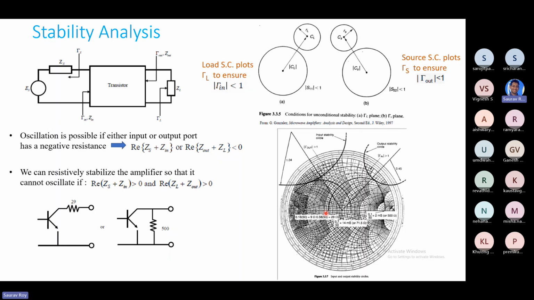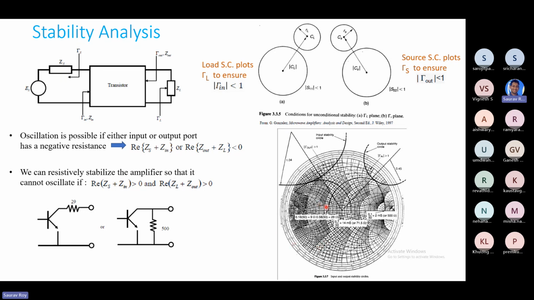The real and imaginary parts. Exactly. So for a Smith chart, there are a lot of things inside, and it's very useful if you actually look into it. But at the core, it is nothing but a plot of gamma, where the x-axis is the real part of gamma and the y-axis is the imaginary part of gamma. That's all.